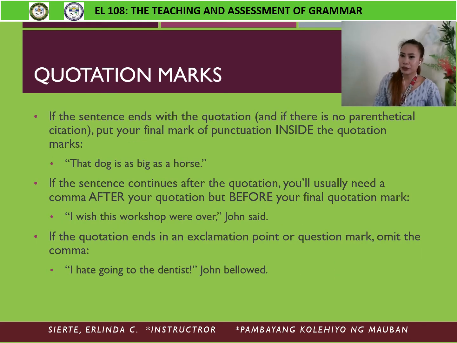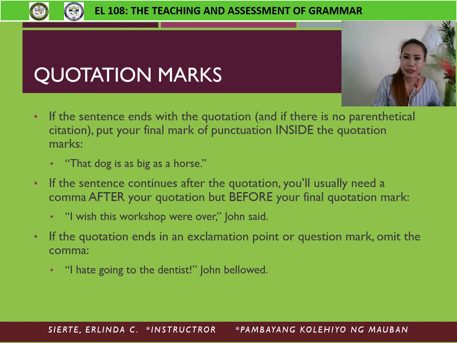Now let's have the quotation marks. If the sentence ends with the quotation and if there is no parenthetical citation, put your final mark of punctuation inside the quotation marks. Example, in this sentence: That dog is as big as a horse.